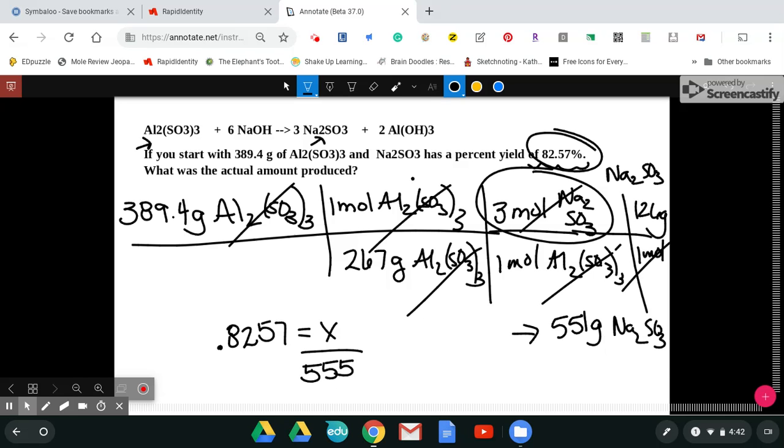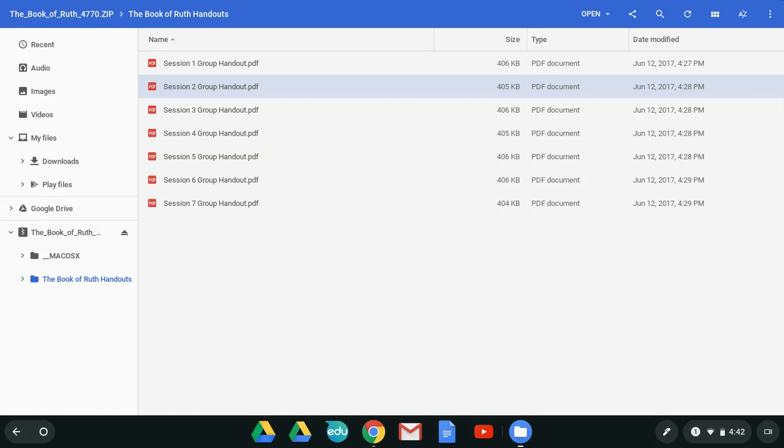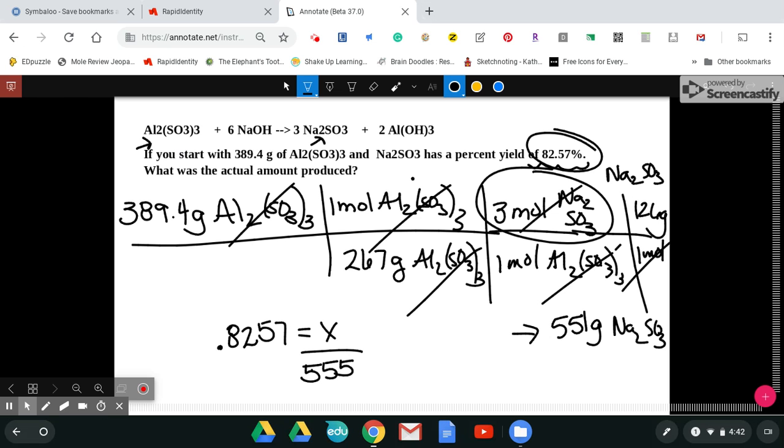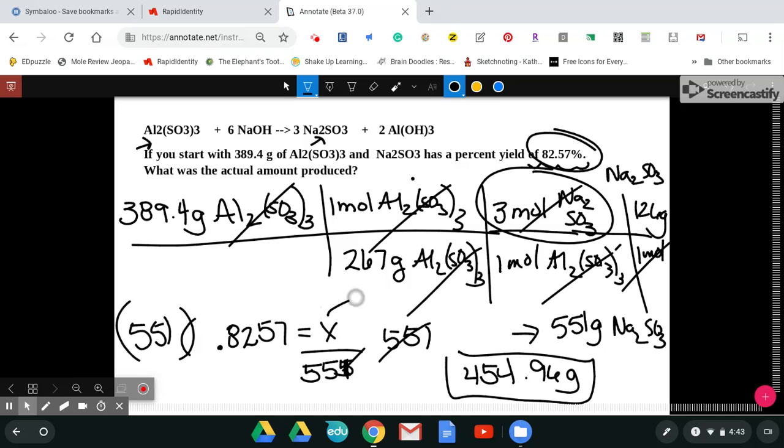So if I multiply both sides by 551, 551 times 0.8257, I'm going to get 454.96 grams. So what I made, my actual yield, is about 455 grams.